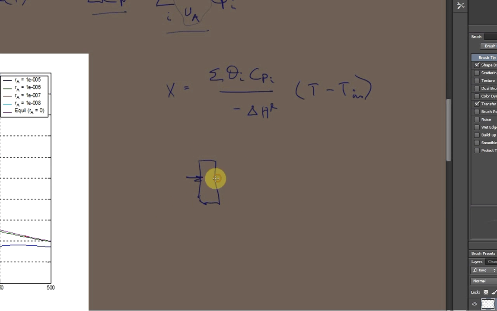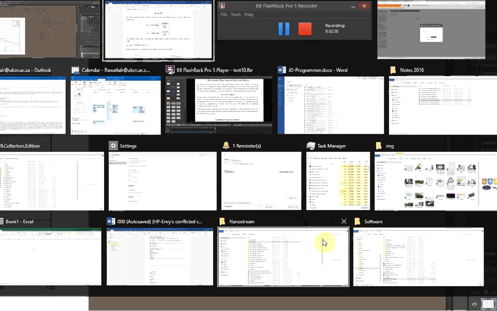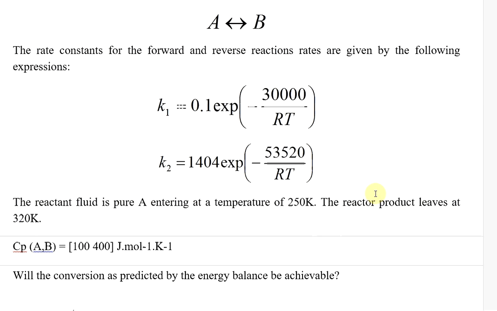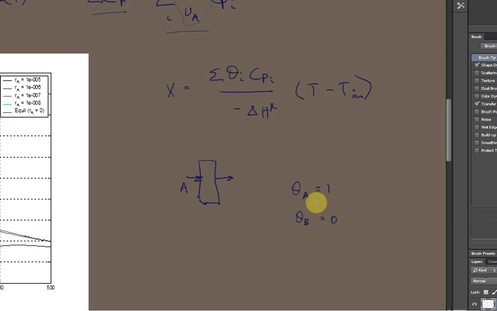So the feed stream is only A, and so we can say beta A, well, of course, by definition, beta A is 1, and the other component to add, of course, is component B. But if it's pure A entering, then beta B is, of course, 0. And if we had an inert, then, of course, we should add that also. But the question doesn't mention any inert. It's just pure A entering. So there's only a beta A term in this equation.